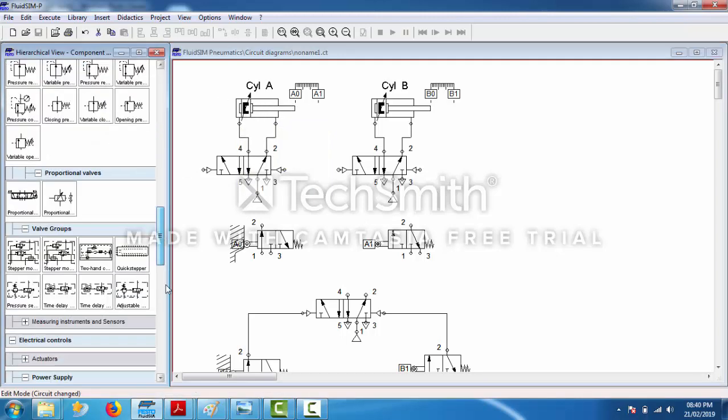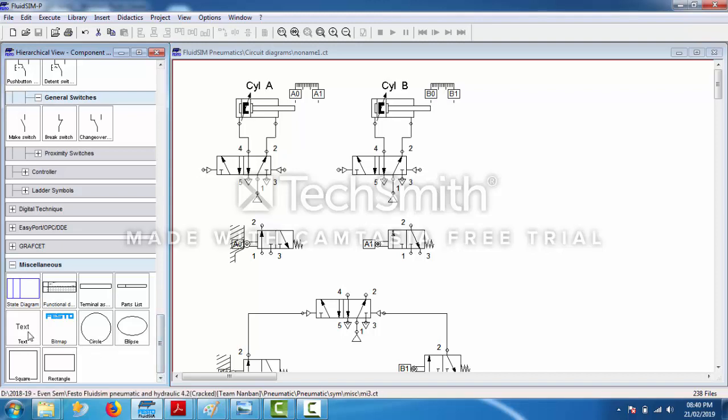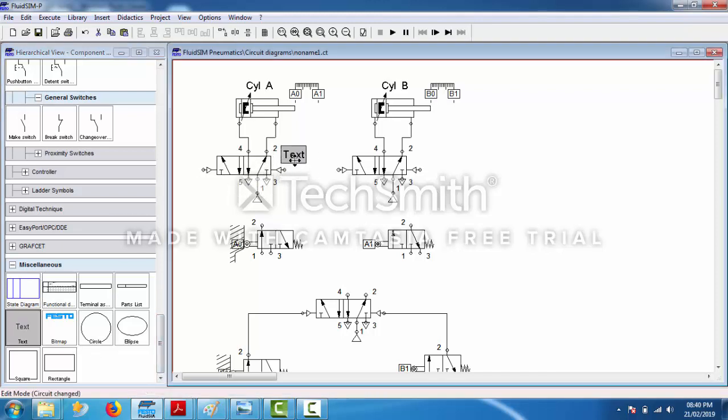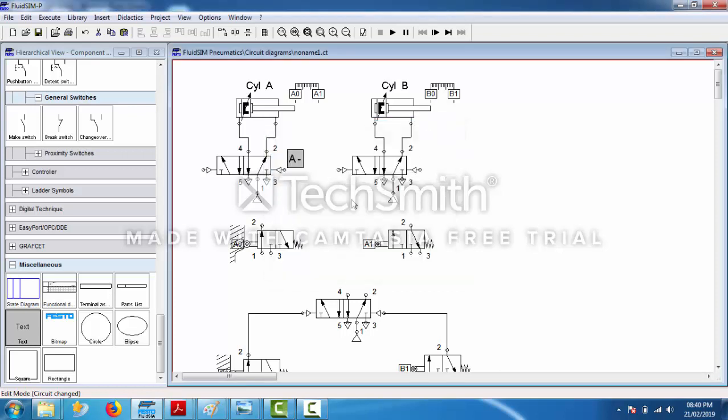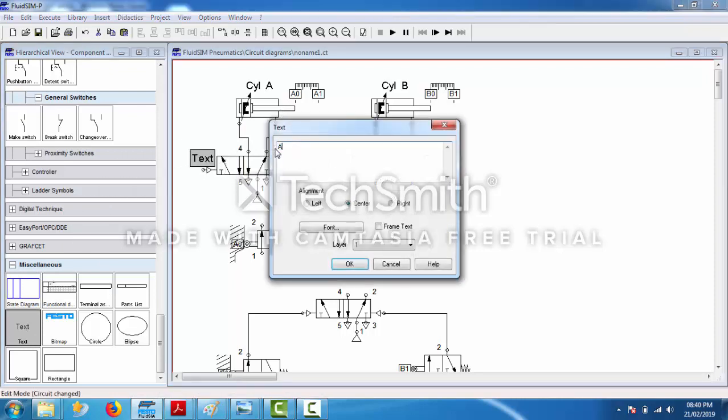So just to make it clear, we will write over here A minus. And look, if it is in this position, what will happen? Air will come from the compressor. Air will come from here. It will go to the left side. It will go to port number 4. It will go to over here and the piston will come outwards. So this will become A plus.